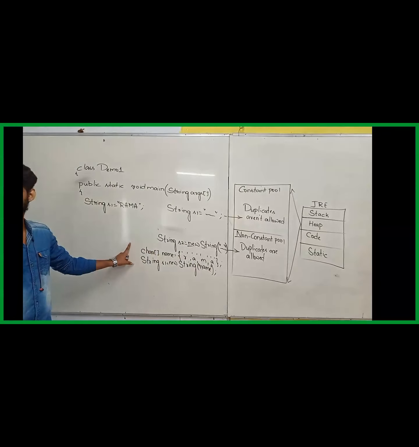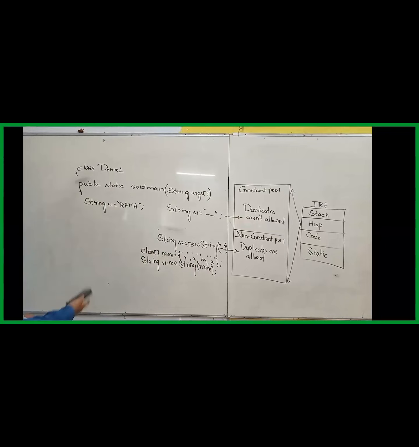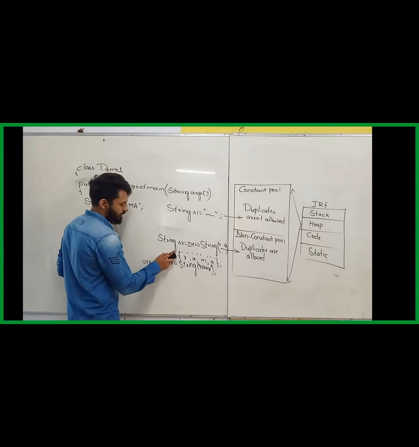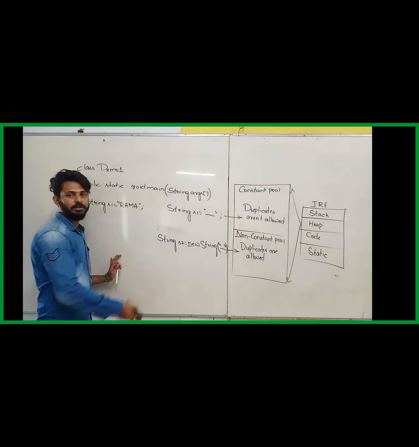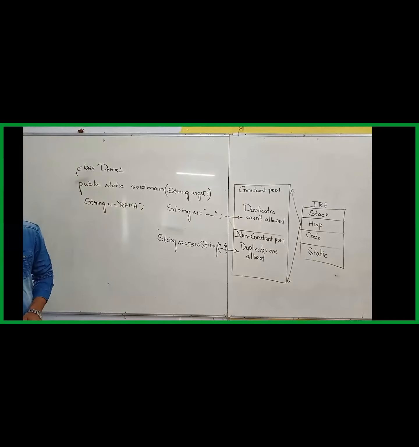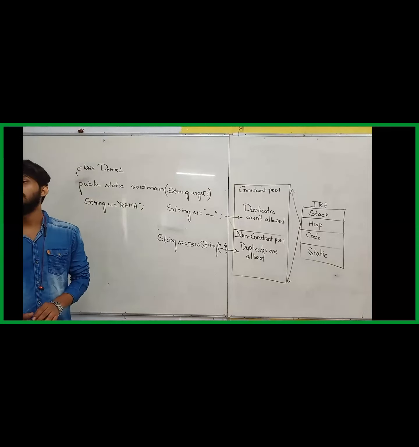No one in the IT industry will use this part. The reason is, don't you think it is a bit lengthier step? First you should create an array and then pass that array to this one. So it is not really that important. But these two are definitely important. One is without using the new keyword, the other one is using the new keyword.